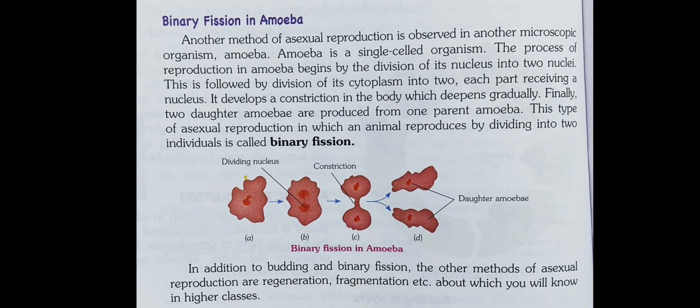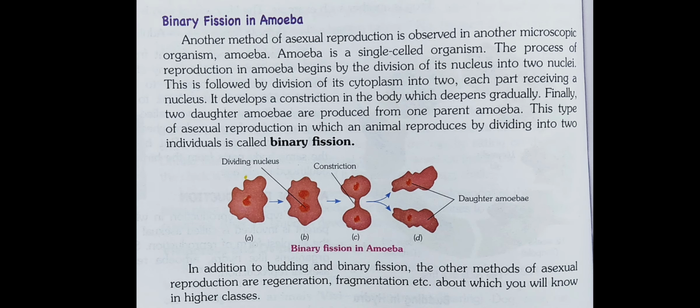Next is binary fission in amoeba. This is also another method of asexual reproduction, which is observed in another microscopic organism like amoeba. Amoeba is a single-celled organism. The process of reproduction in amoeba begins by the division of its nucleus into two nuclei.